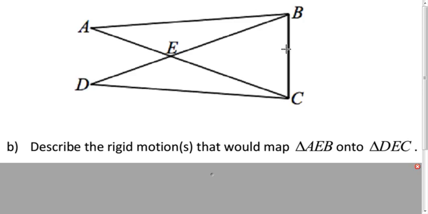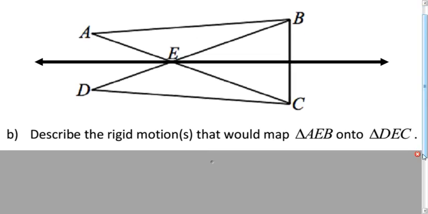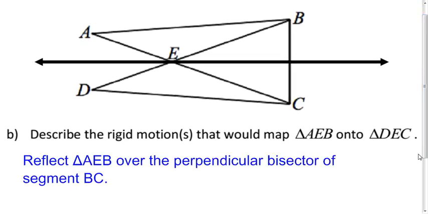We could draw a line of reflection in here that goes from BC through point E. So our rigid motion will be a reflection over that perpendicular bisector. If you want to, you could also mark up your diagram here, show that you have two congruent segments there and then a right angle.